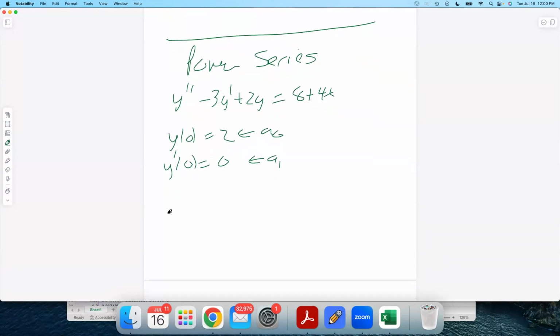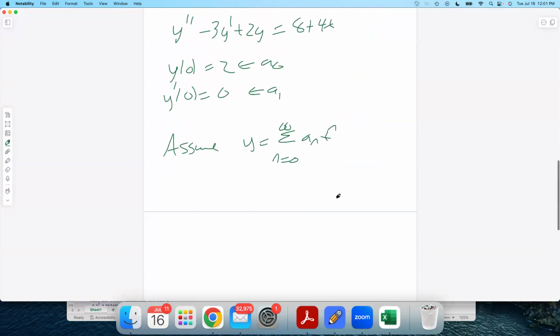Okay, so we assume that y equals some infinite sum, n equals 0 to infinity, a sub n t to the n. And you've watched me do this a couple of times. Y prime then is the sum n equals 0 to infinity, a n times t to the n minus 1.